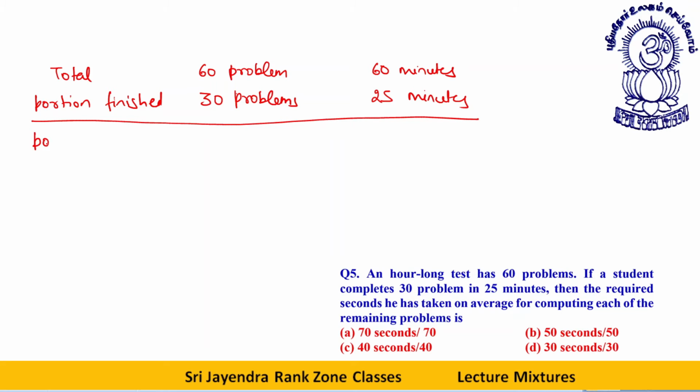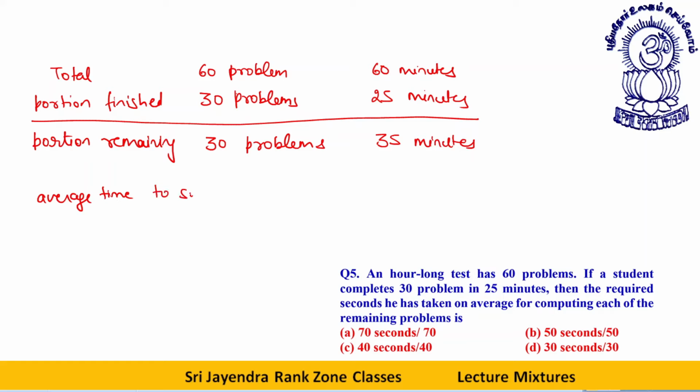How much portion remaining? 30 problems are still remaining. The time remaining is 35 minutes. Average time to solve remaining will be how much? 35 minutes remaining to solve 30 problems.